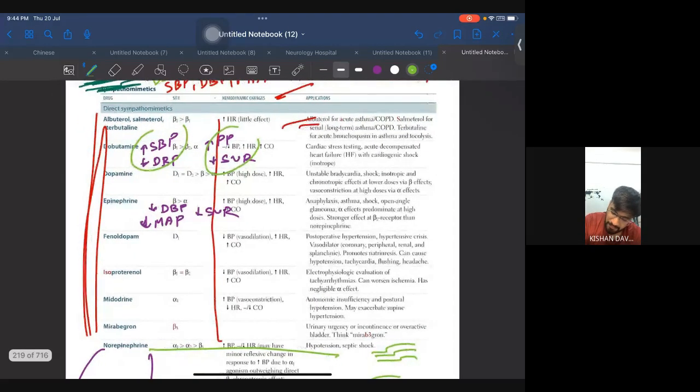In epinephrine, what is there? HBP increase, DBP decrease, and MAP increase. I'll say it again: HBP increase, MAP increase, DBP decrease. This is how you are going to remember the curves.